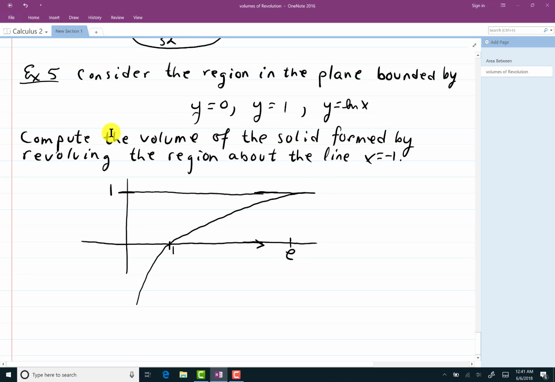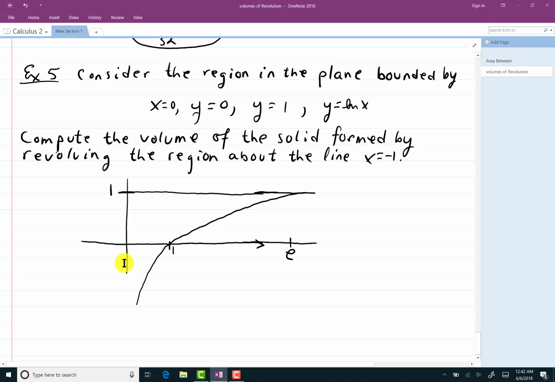So what do we have? Y equals 0. It's in between these two, right? And then, is there any other bound here? We must have another bound. There is one more bound that I did not include. Let me put it up here. X equals 0, which would be the y-axis.